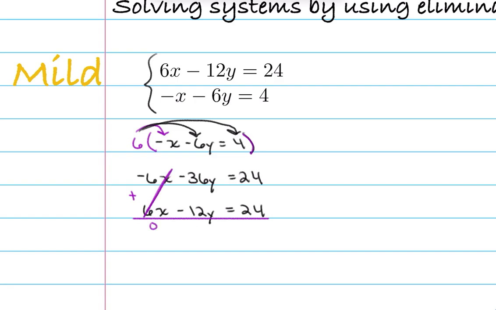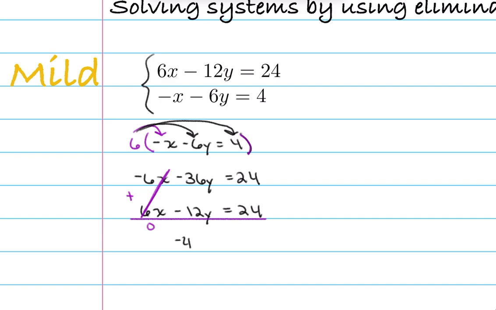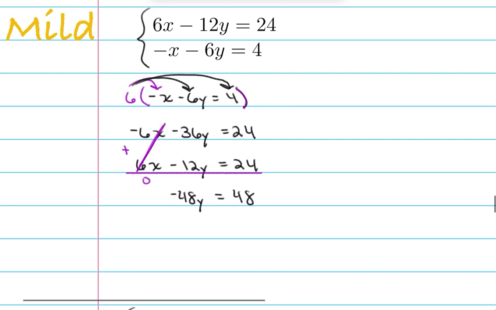Negative 6 plus 6. So we got rid of our x's. Then I'm going to have negative 36 minus 12, and that's going to give me a negative 48y equals 24 plus 24 is 48. So now I got rid of one variable. All I have to do is solve for the remaining variable.